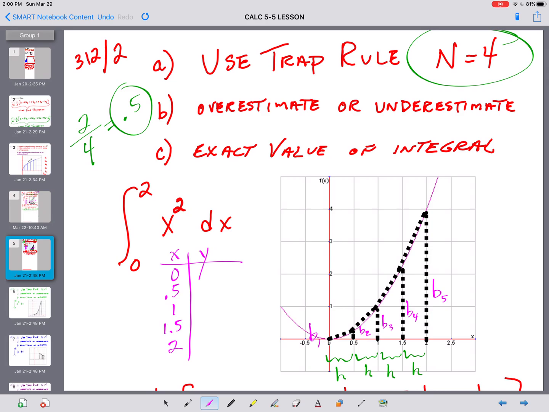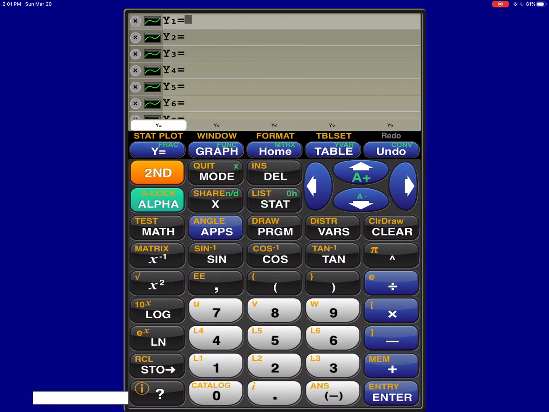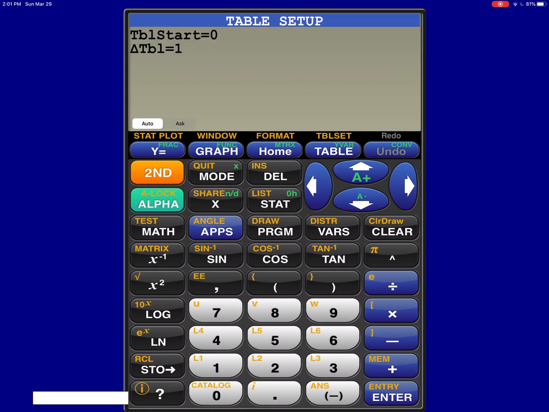My equation is X squared. I want to start my table at 0 and change it by 0.5. So let's go do that. Go up here to the equation, clear this one out. It's X squared. Go to my table set. I wanted it to start at 0 and change by 0.5. Okay, let's go to our table.